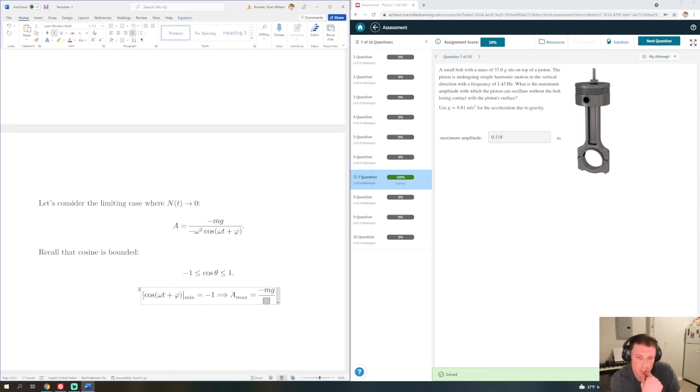no, this isn't working. Because I know the answer works out to be mg over omega squared, but it also doesn't make sense to say that the maximum value of the amplitude corresponds to the maximum value of cosine of omega t plus phi, right?